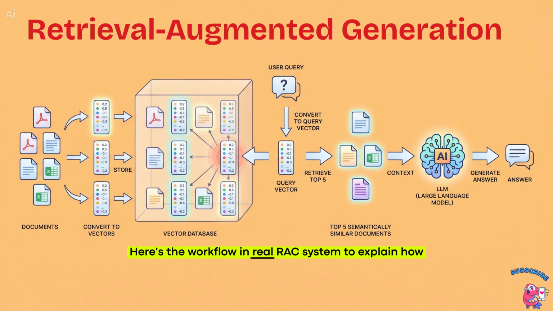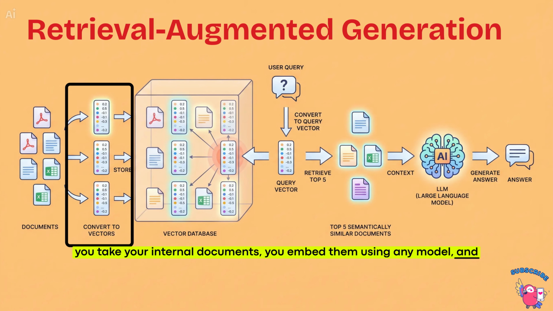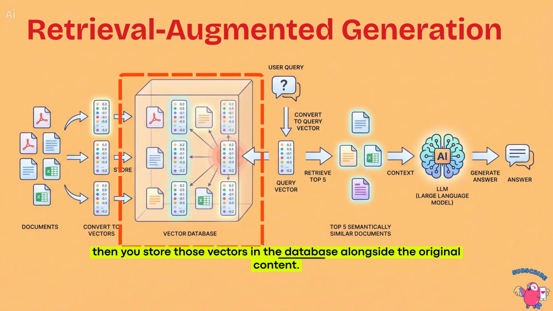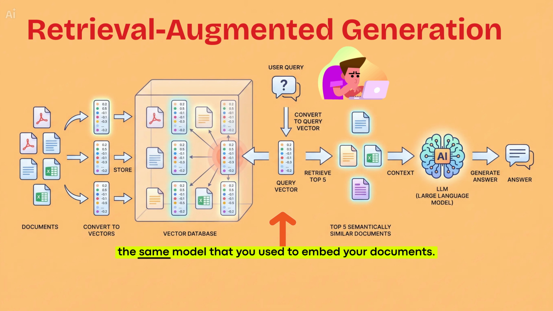Here's the workflow in a real RAG system to explain how vector databases work. First, you take your internal documents, you embed them using any model, and then you store those vectors in the database alongside the original content. Then, at query time, a user asks a question. You embed that query using the same model that you used to embed your documents.